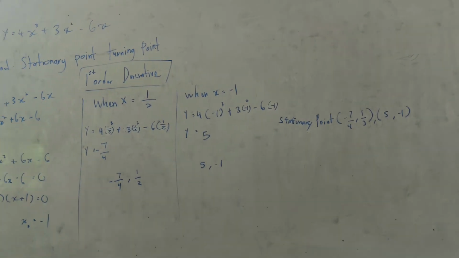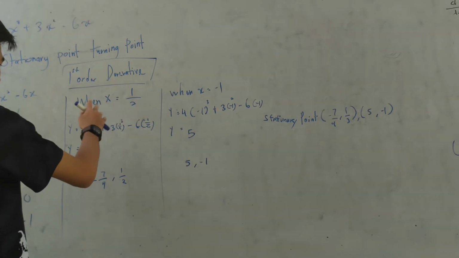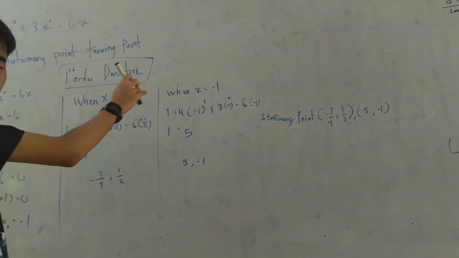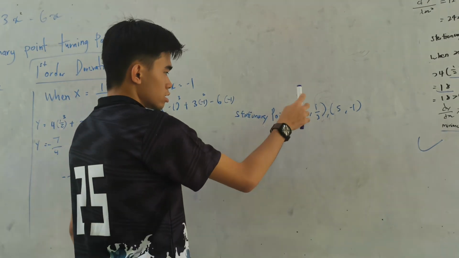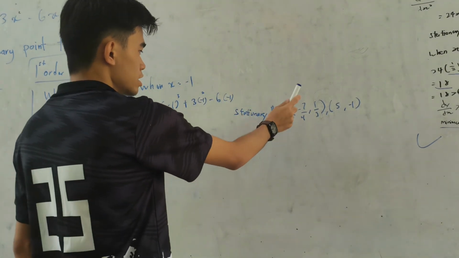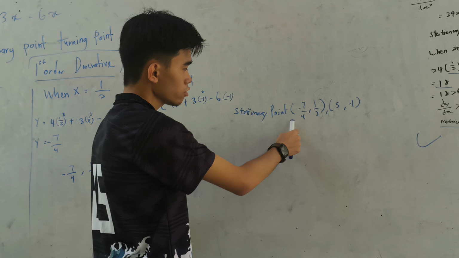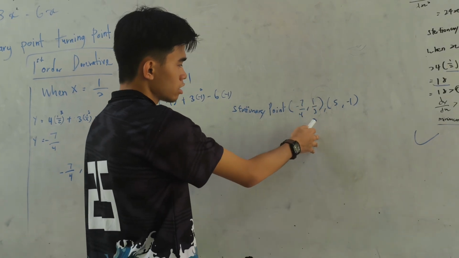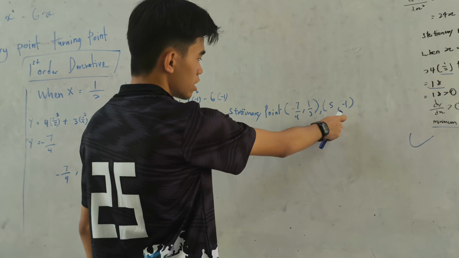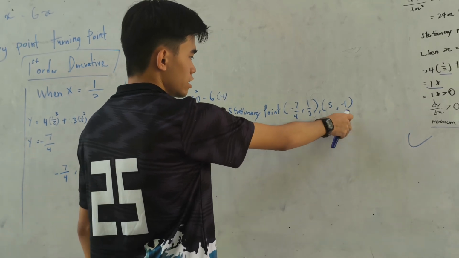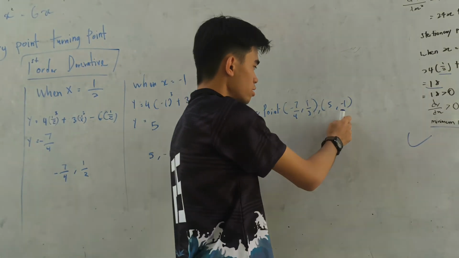So the stationary points we get for x1 and x2 are (1 over 2, -7 over 4) and (-1, 5).